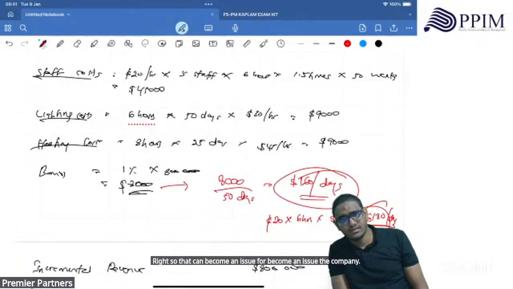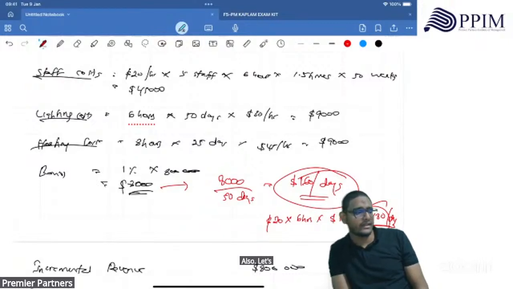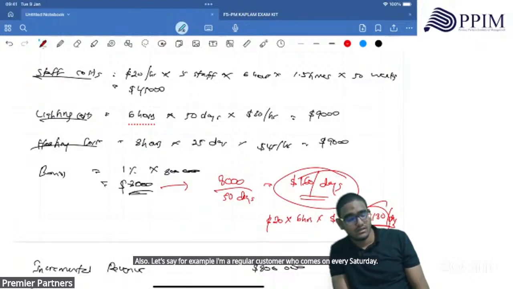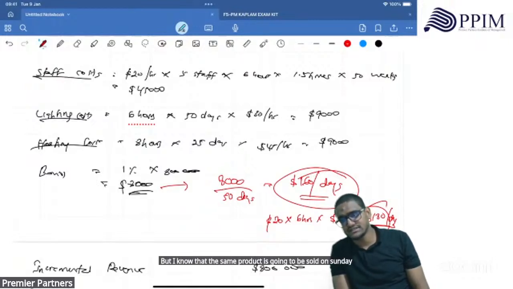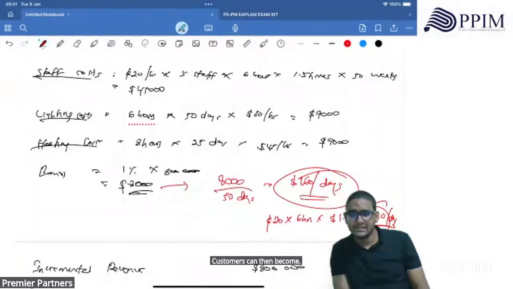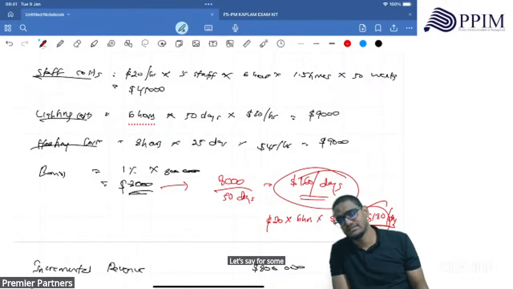Also, let's say, for example, I'm a regular customer who comes on Saturday. But I know that the same product is going to be sold on Sunday for a much lesser price. Customers can then become dissatisfied. Let's say for some reason I can't come on Sunday.